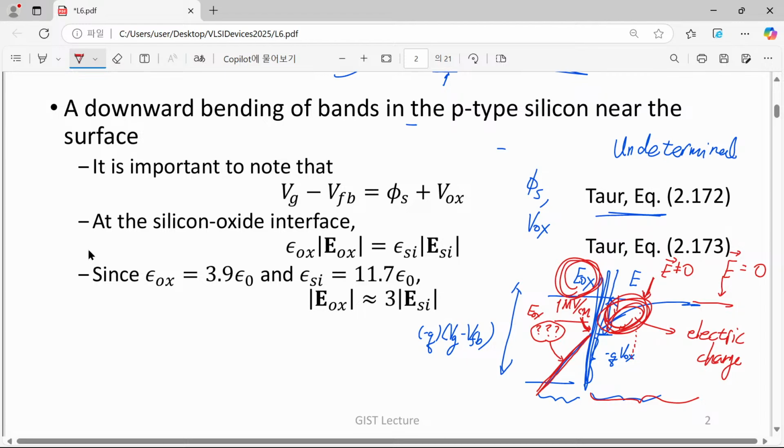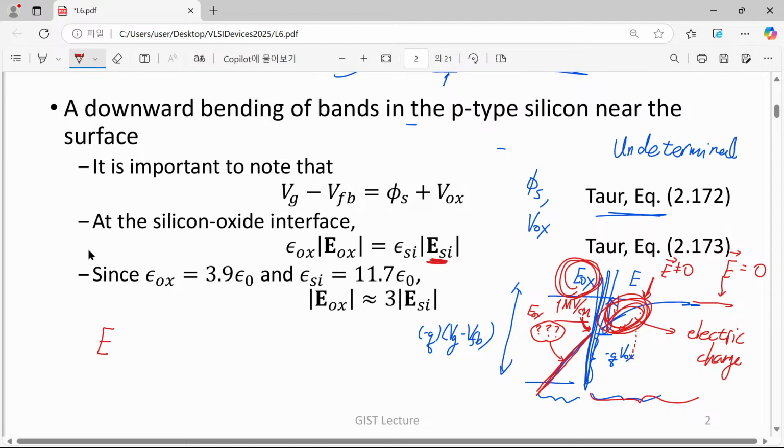So simply speaking, when you have a look at this equation 2.173, you can see that here E silicon. It looks like a silicon electric field, but please note that silicon electric field is a function of position.